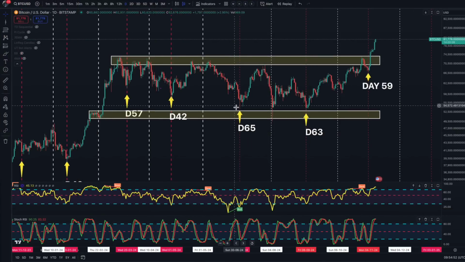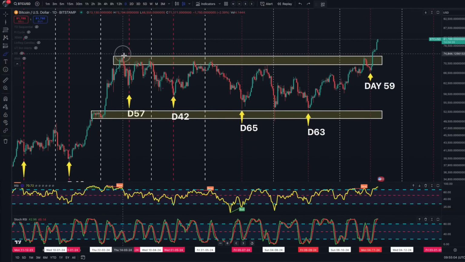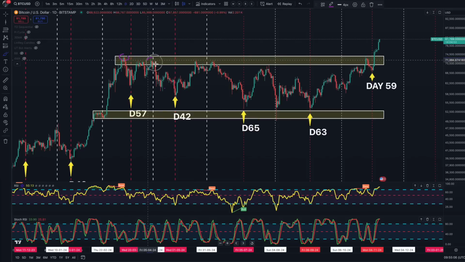So going back to the 60-day cycle, as mentioned in the last many videos now, we had this development of the structure for Bitcoin where we reached 73,800 back in March 2024, and we were making a series of lower highs and a series of lower lows along the way. So the actual structure and the trajectory for Bitcoin was very much in the descendancy.